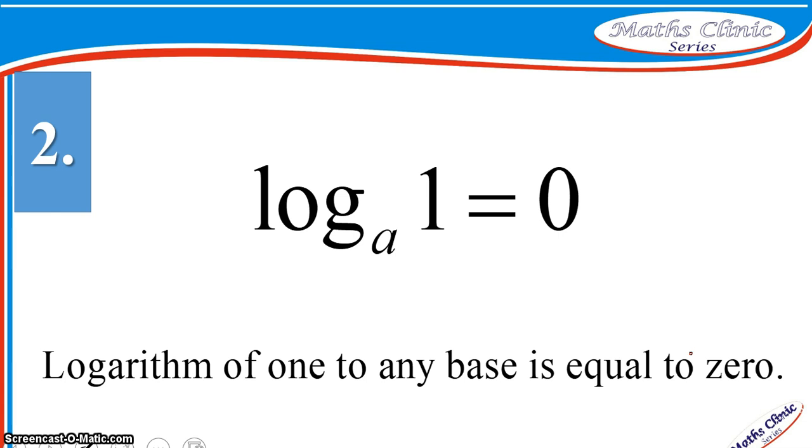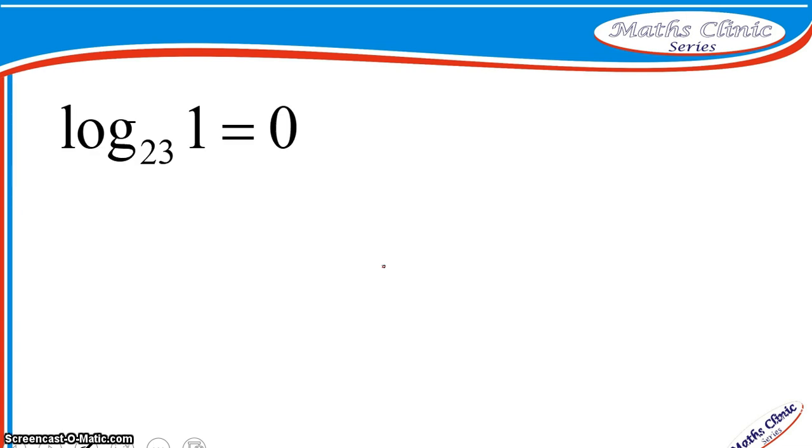Property number 2. If I have log base a of 1 is equal to 0, what it means is that no matter the base, if the number becomes 1, the log of 1 to any base gives us 0. That is on condition that the base makes it defined. So log base 23 of 1, I'll write 0.